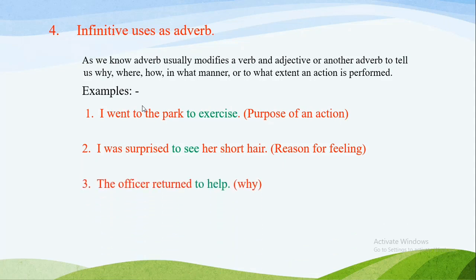Third, the officer returned to help. Here, we are getting the answer to why the officer returned. In these sentences, the infinitives to exercise, to see, and to help are modifying the verb.